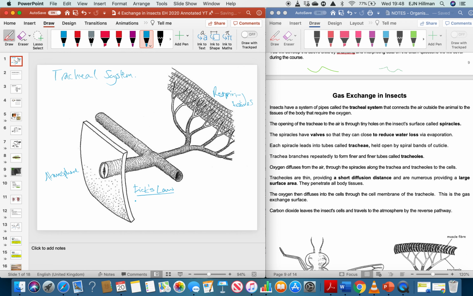So Fick's law states that the rate of diffusion is proportional to three things: the surface area multiplied by the concentration difference, or the concentration gradient, divided by the distance of diffusion.